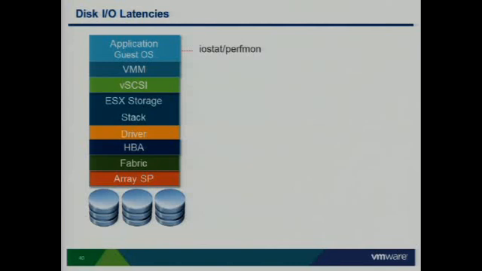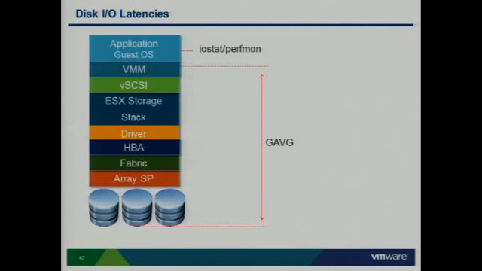So there are multiple latencies here. One is latency as measured by guest OS applications, like iostat and perfmon. That's a latency that the application sees. And then there is latency which is measured at the virtual machine monitor level, which we call GAVG, because that's the latency that will be seen by the guest OS.